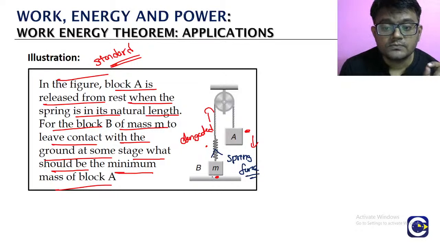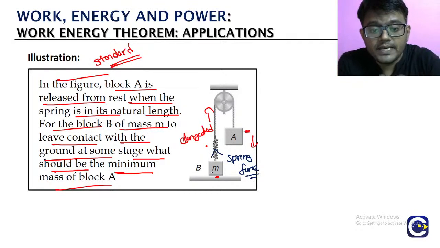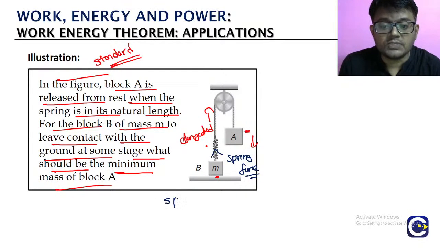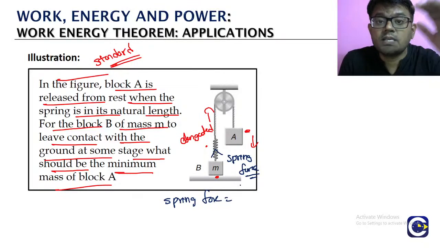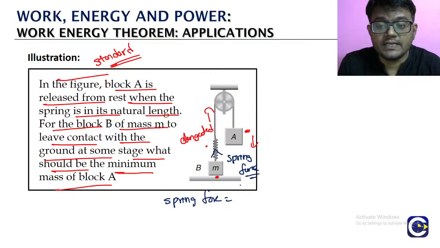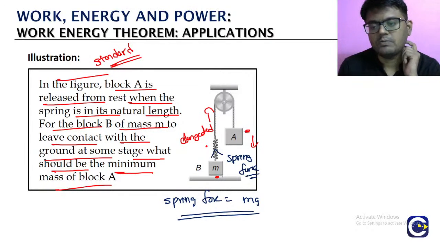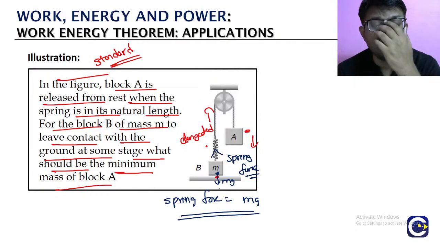So for the block B to leave the contact with the ground, the spring force will keep increasing as the elongation is increasing, and the spring force should be able to balance the weight of the block. The weight of the block is mg.